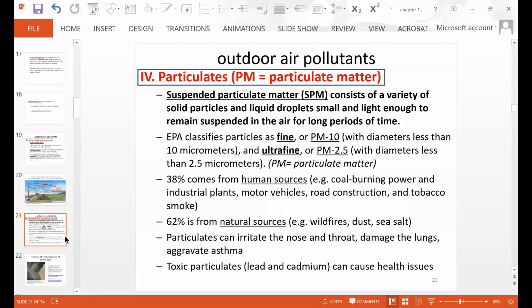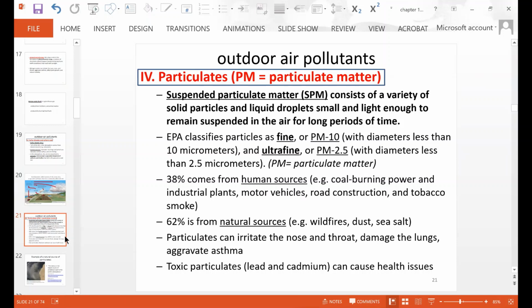Then we have particulates. Particulates are abbreviated as PM for particulate matter. And these are suspended particles in the air. So they're solid particles and liquid droplets that remain suspended in the air for long periods of time.